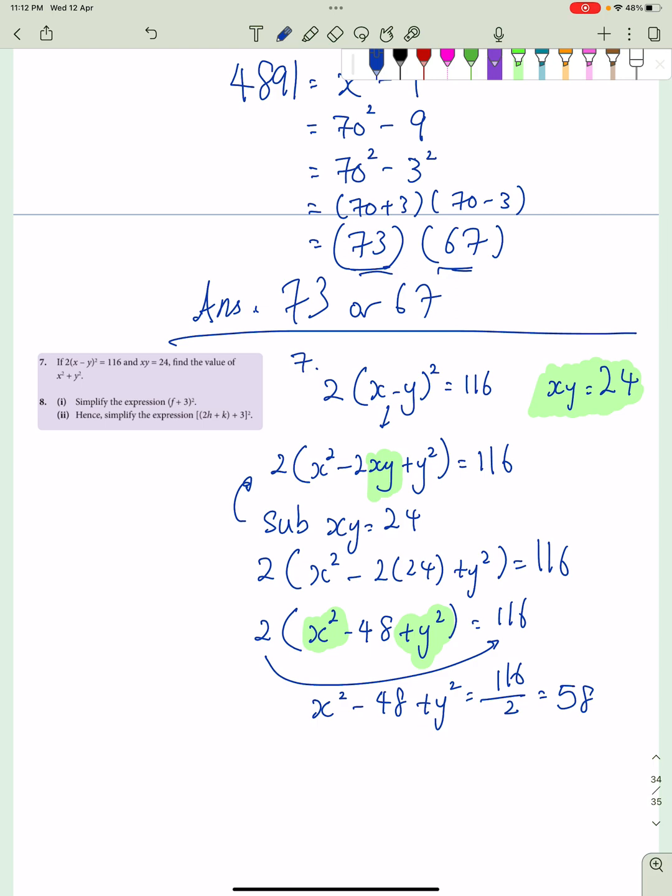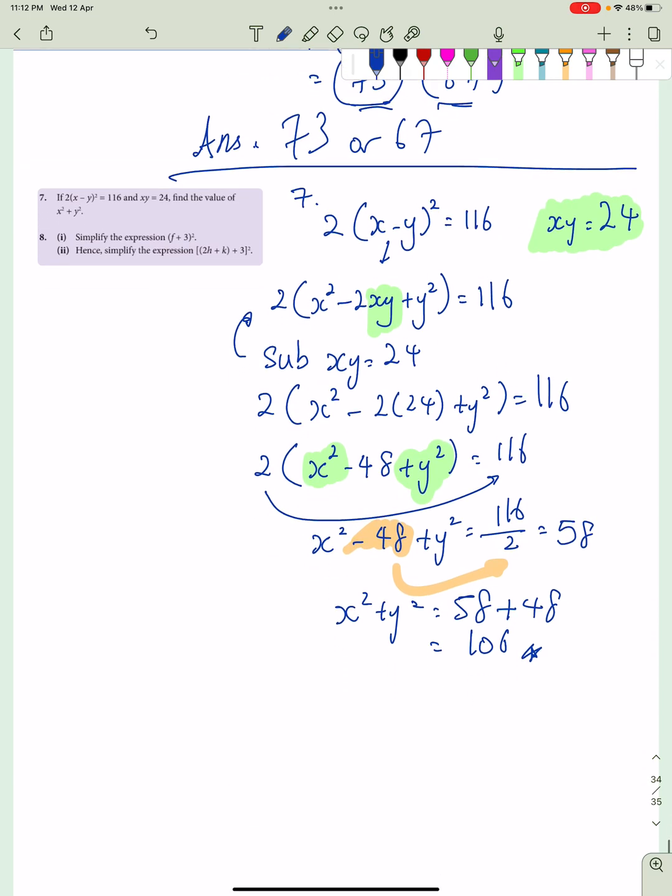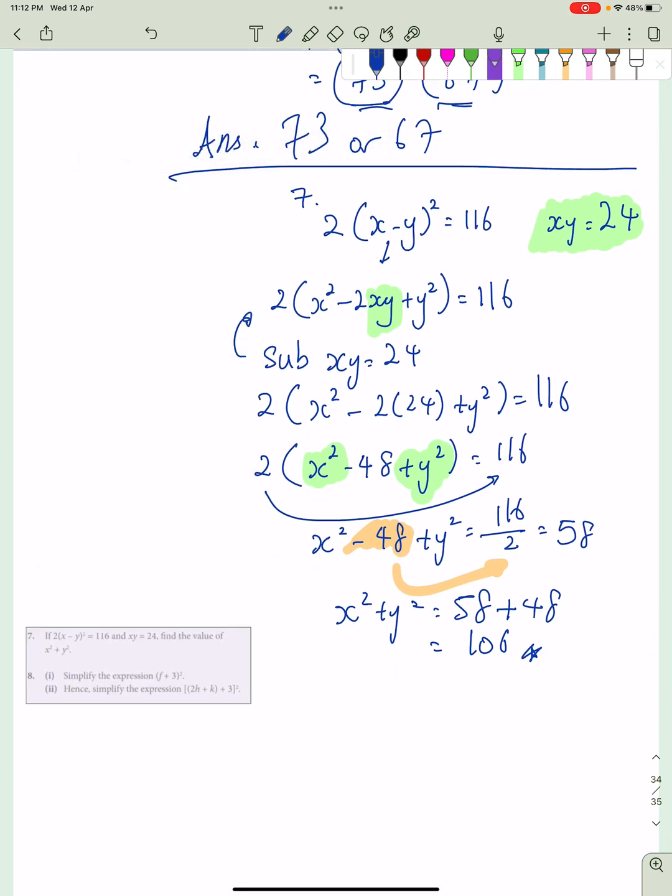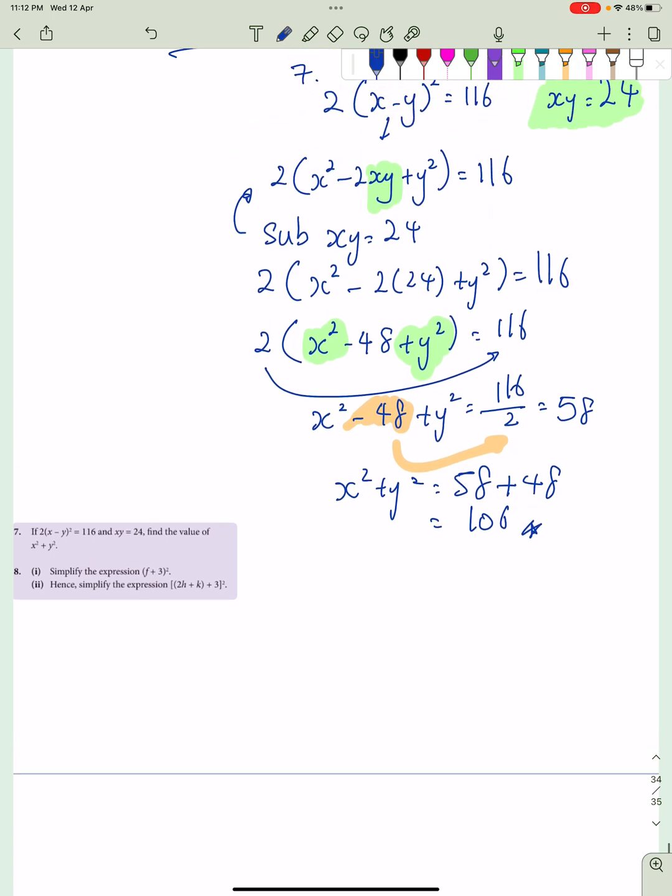And I don't want my negative 48. So I try and bring my minus 48 over. Then I only have x squared plus y squared at the left hand side, right? So if I add this number, this will be 106. Okay. All right. Now going on to the last question.